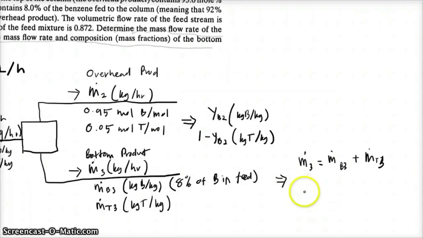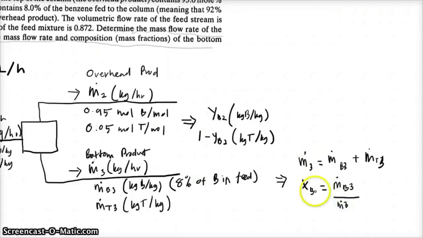So let's use benzene: the mass fraction of benzene here, we use xb, which is equal to the mass of benzene in the bottom product, which is mb3, over the total mass flow rate, which is m3.